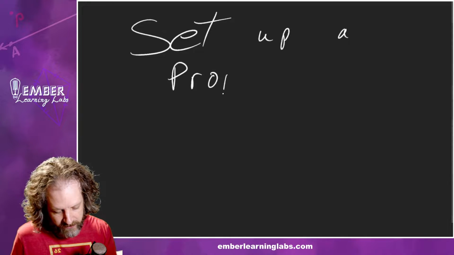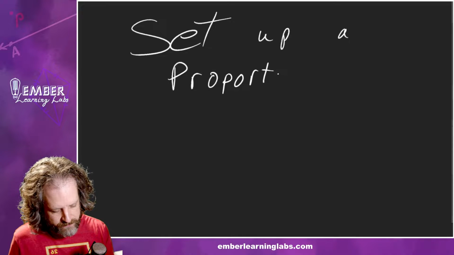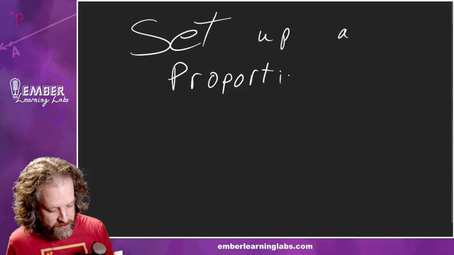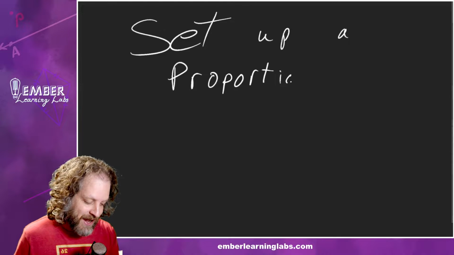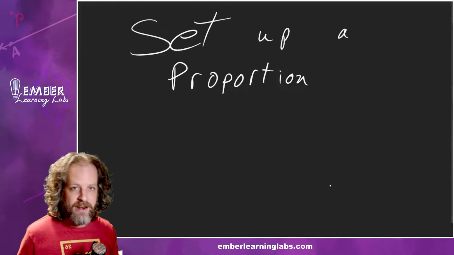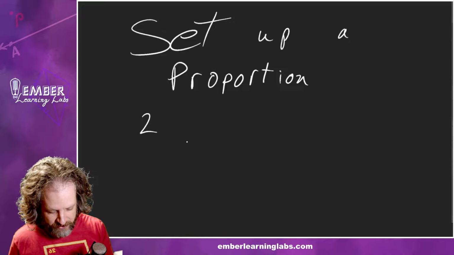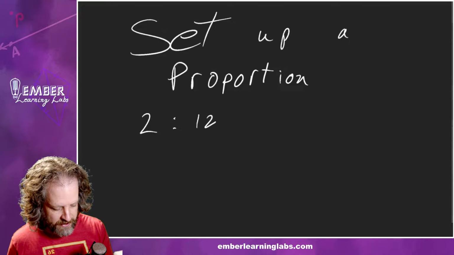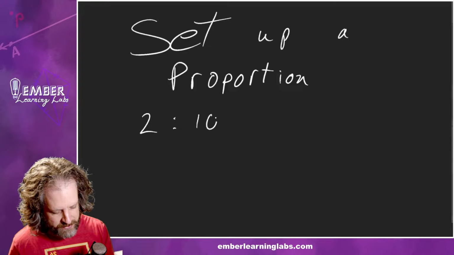Almost always a proportion, or possibly just write a ratio and reduce it. So you're going to write a ratio of some sort, like 2 to 10, and then what kind of zero is that?